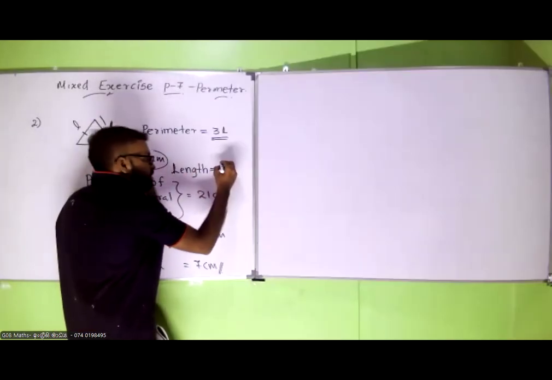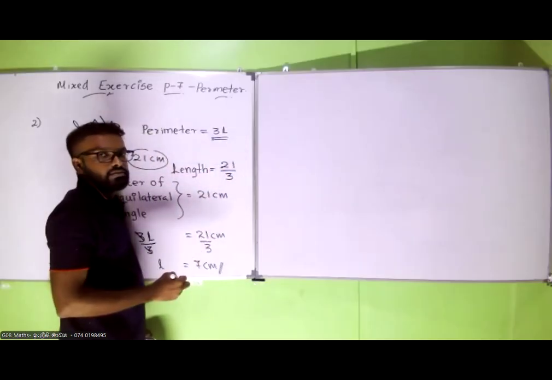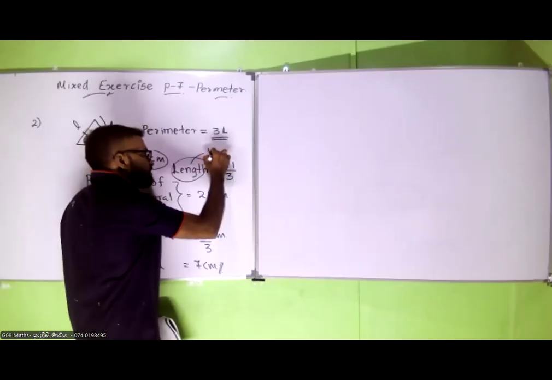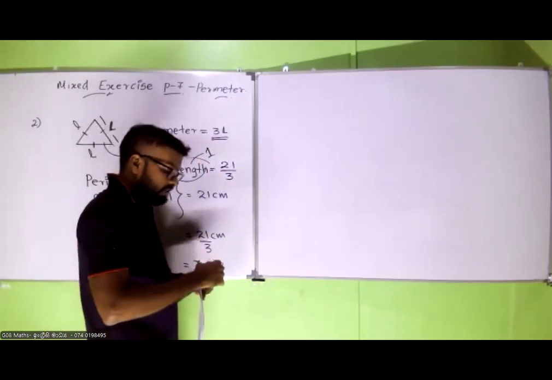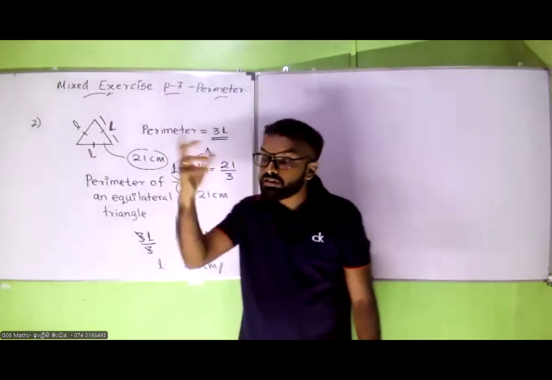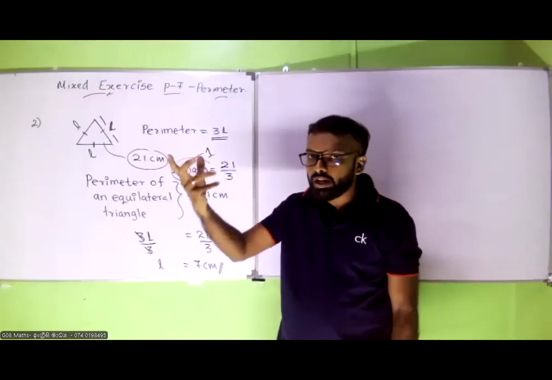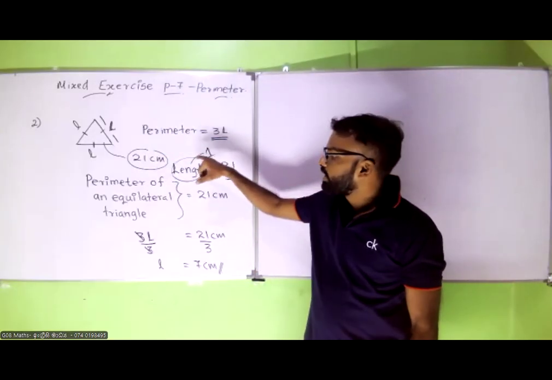So 21 needs to be divided by three sides so that you can obtain the length of one side. If you add the lengths of the three sides, which is equal to 21 centimeters, called the perimeter, and divide it by 3, you will get the length of one side.